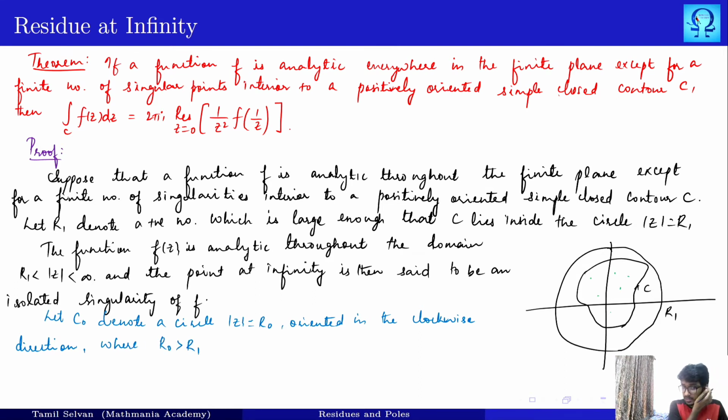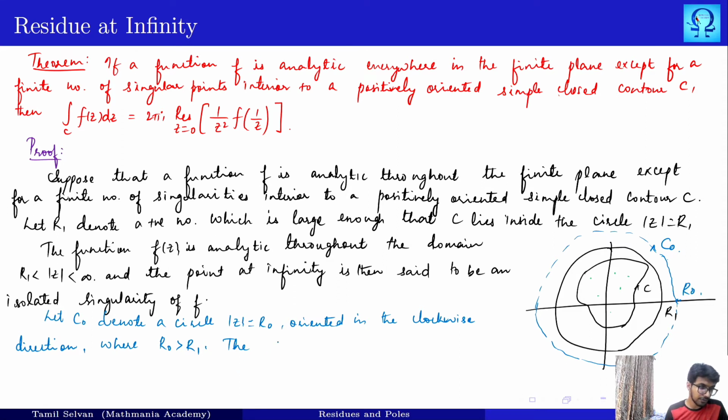We'll have to identify such r naught. So this must be the circle C naught with this point R naught.